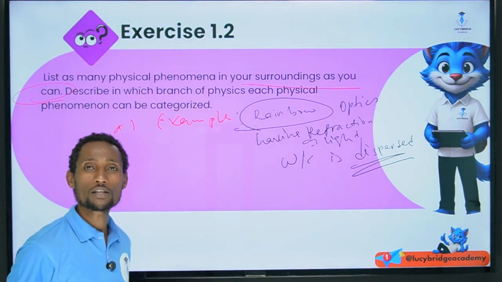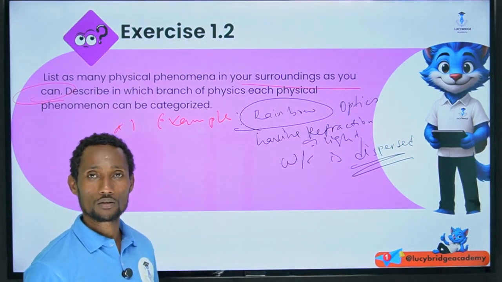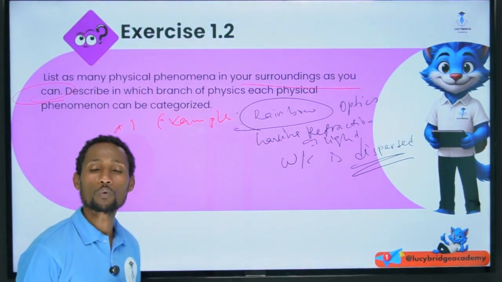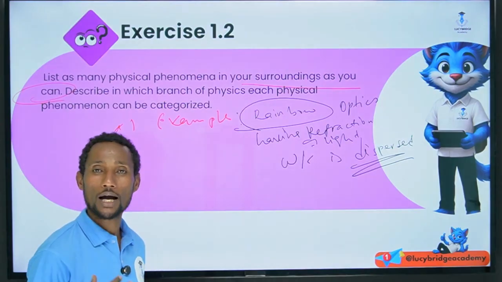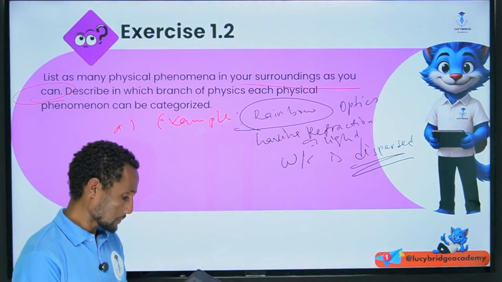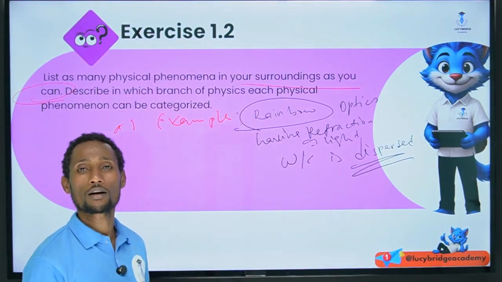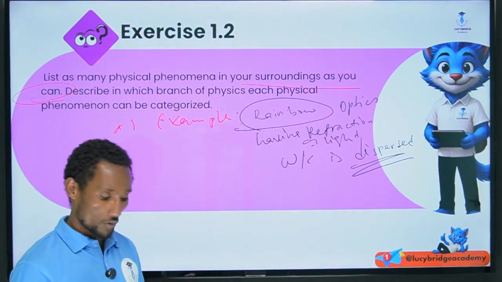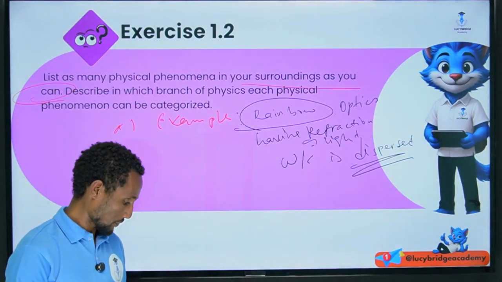So you will see optics in detail when you learn about the branches as a unit; we call it optics. So do another phenomenon at your home, and we'll discuss some more.